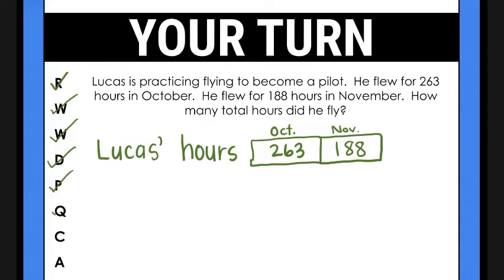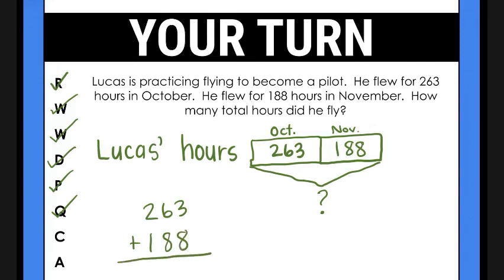How many total hours did he fly? All right, I'm to my question mark. So I'm going to know the total with October and November combined. So my question mark is going to go down at the bottom. I know for my computation that I'm missing my whole, so I'm going to add my two parts. So my computation is going to be 263 plus 188.